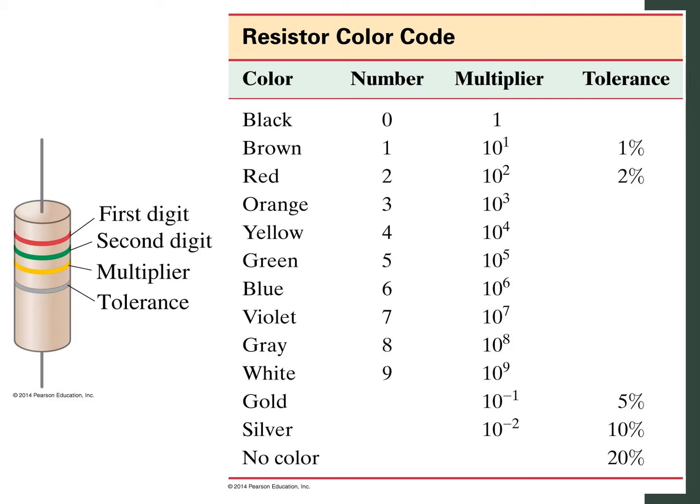So if you were looking at a real resistor, you might see colors or bands on the side of the resistor. And what that does is just tell us the resistance value inside of our resistor. Because maybe for your particular potential difference, you don't want to have the maximum current possible.